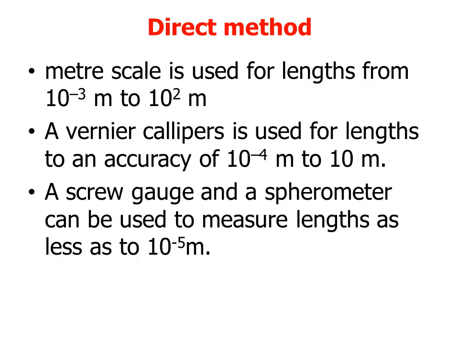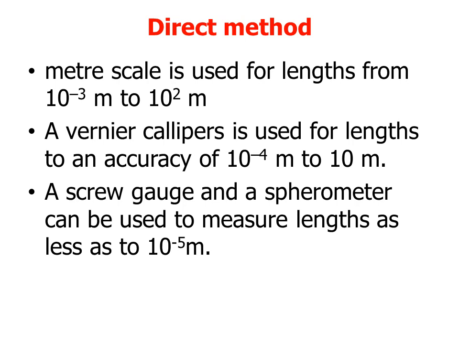In the direct method, we can measure the length of the object by a scale, or we can use a vernier caliper, screw gauge, or spherometer. So these are all the direct methods we are using right now.